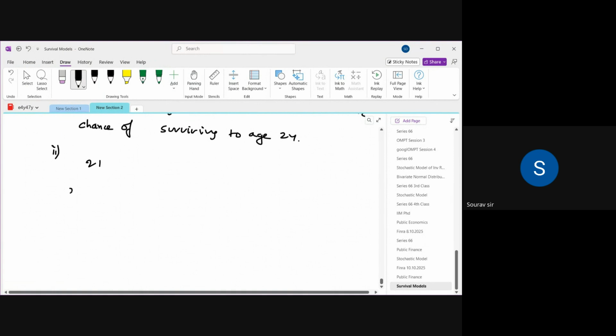Next, 3p21, which is p21 times p22 times p23. Correct? Substitute the values and tell me the answer.